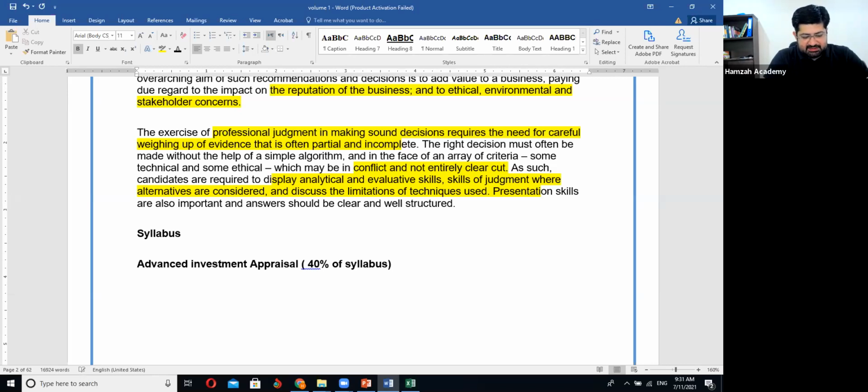Then the second syllabus area is mergers and acquisitions. Again, this area has some knowledge-based connection with investment appraisal, but there are some new topics as well, where we learn how to value a business, and the different aspects of acquisition and merger: the legal aspect, how you can avoid a merger, the defense against that.